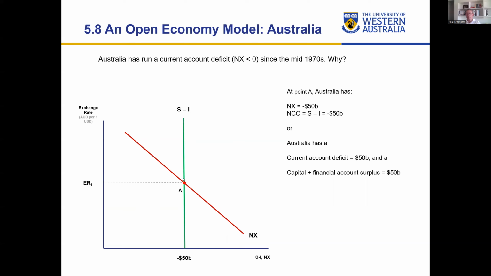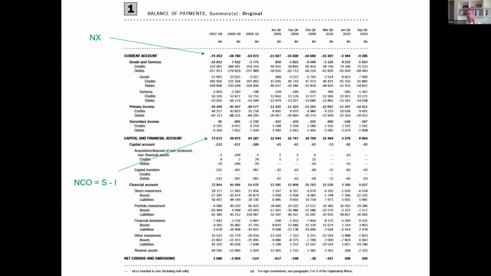In other words, the only way we can get a current account deficit of 50 billion is having a savings minus investment imbalance of 50 billion as well. So once we understand this, we can look at this table again and think to ourselves, well, in 2007, 2008, savings must have been less than total borrowing in Australia to the tune of $74.253 billion.